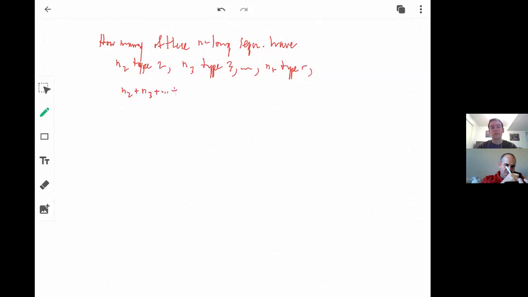What has to be true about these things? Those are the probability of catching each bug, right? Well, no, that's the number of each type. So what does that have to add up to in total? N-1. Yeah.